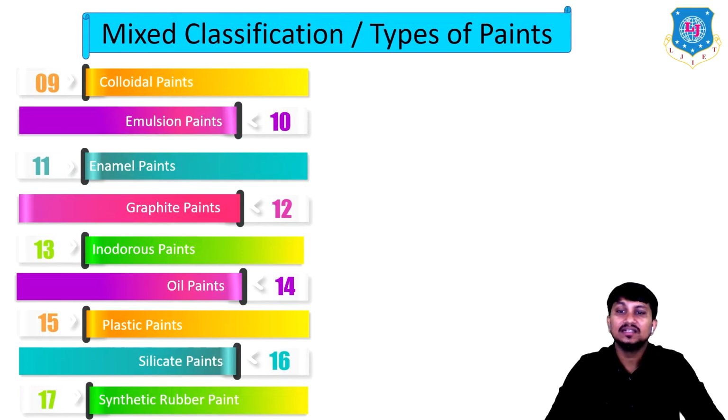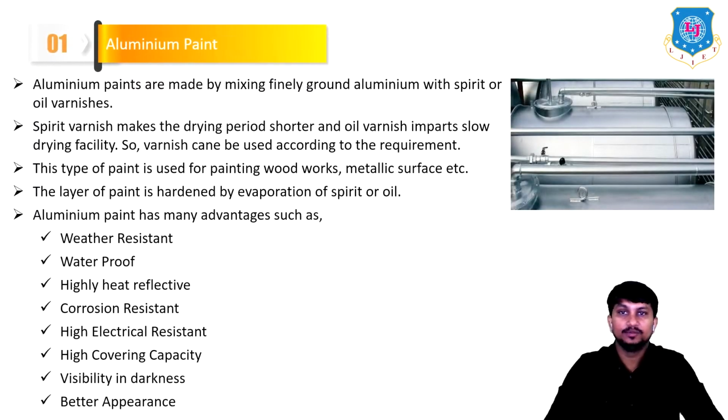These are the various types of paints available in the market. We'll discuss all these types of paints one by one, starting with aluminum paint.